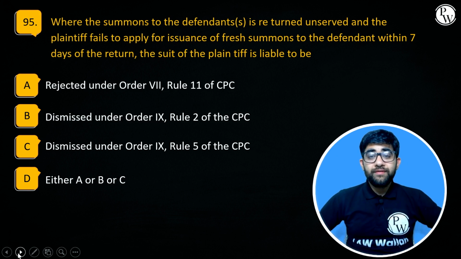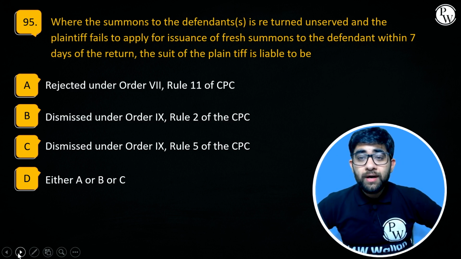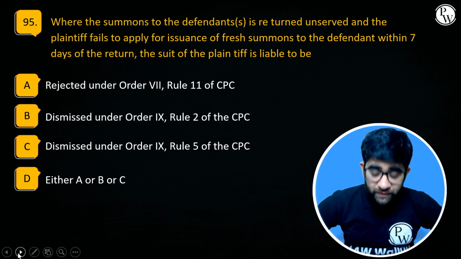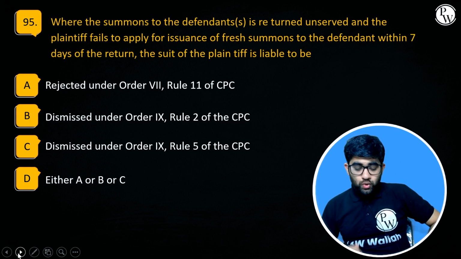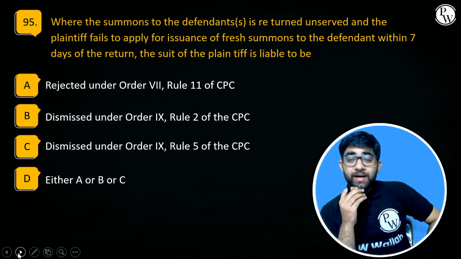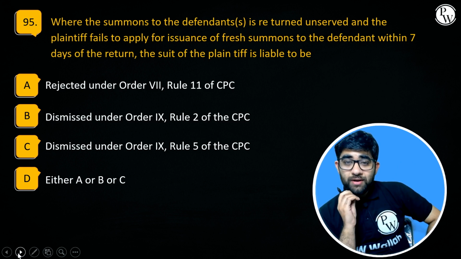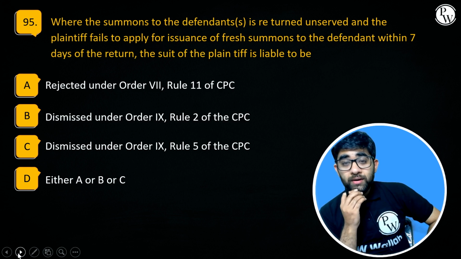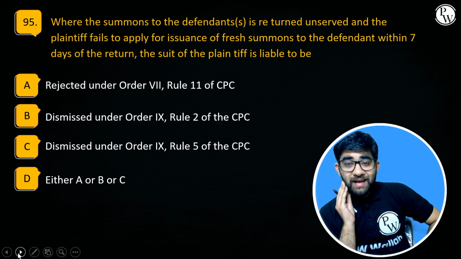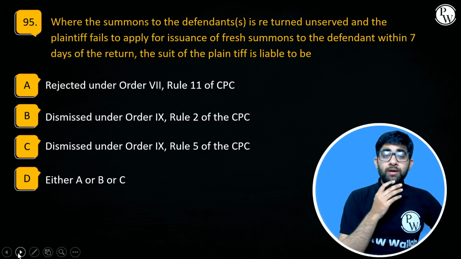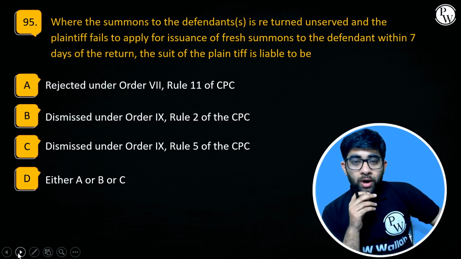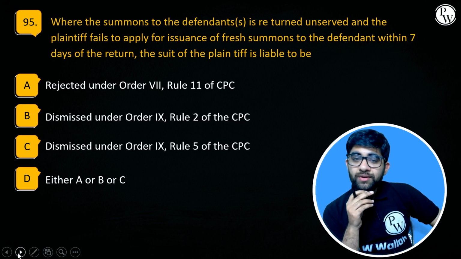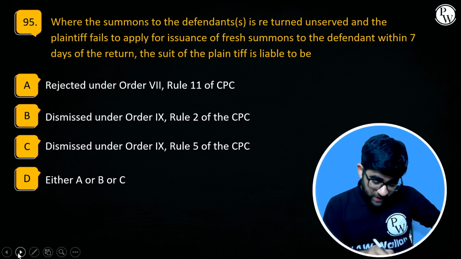Where the summons to the defendants is returned unserved and the plaintiff fails to apply for issuance of fresh summons within 7 days of the return, the suit of the plaintiff is liable to be rejected under Order 7 Rule 11, dismissed under Order 9 Rule 2 of the CPC, dismissed under Order 9 Rule 5 of the CPC, or either A or B or C. The answer to this is dismissed under Order 9 Rule 5.